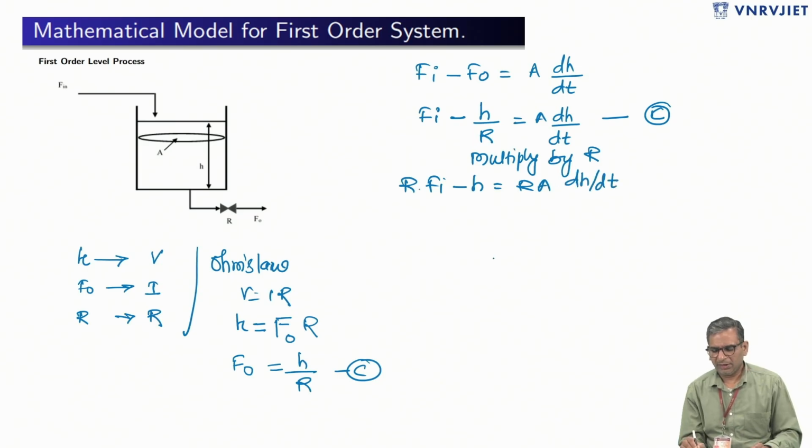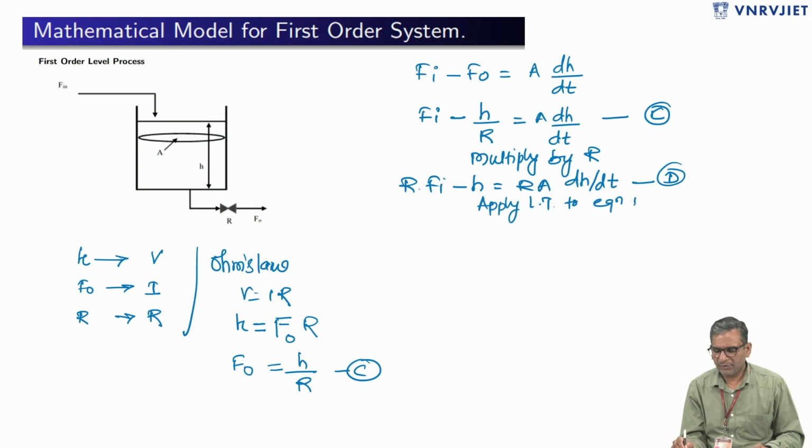Now as we need to get a transfer function model, we know the definition: it is the Laplace transform of the output response divided by the Laplace transform of the input, considering all initial conditions are 0. So let's say I have this equation D, and I apply the Laplace transform to this entire equation.